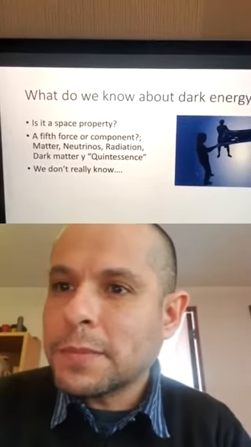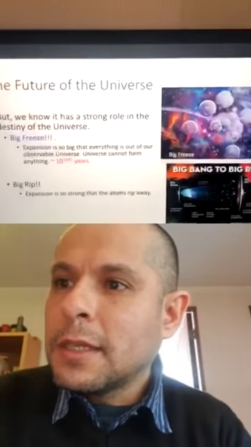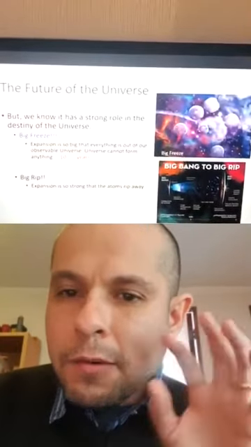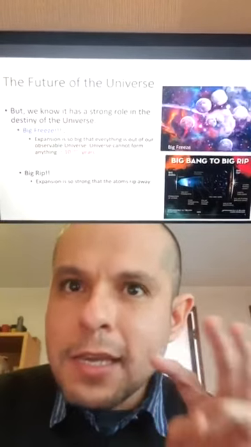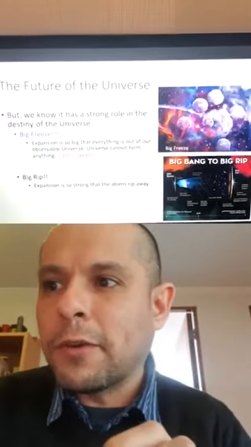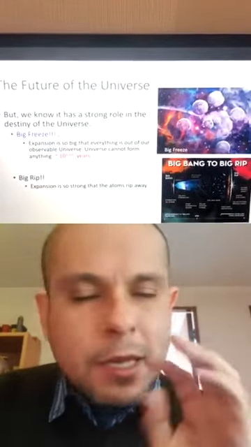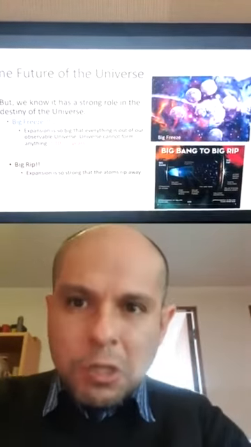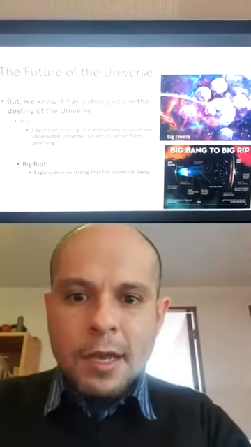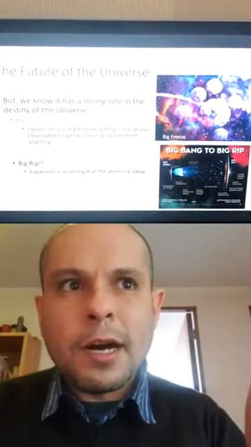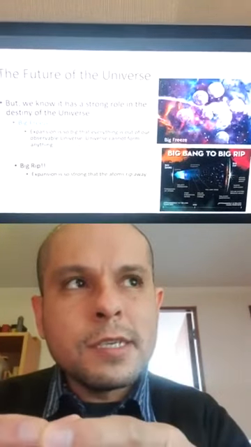Next slide, Nico. We know that it has a strong role in the fate of the universe. Let's imagine that the universe continues accelerating. As it accelerates, we cannot see the entire universe.